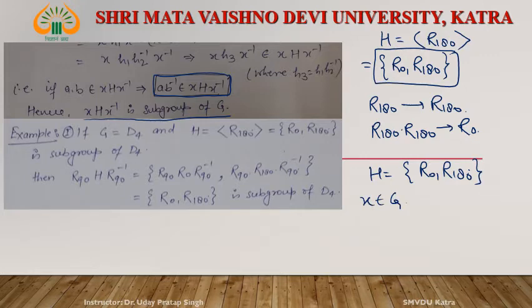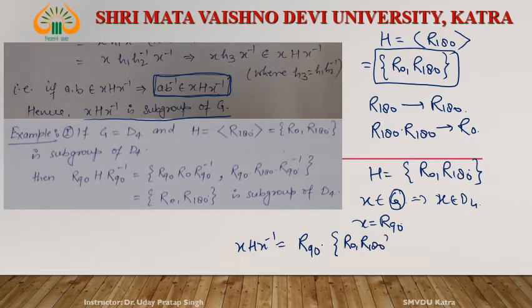Now let x belong to G. What is G? G is D4. Then consider any element x belonging to D4. Let us assume that x is R90. Then x H x inverse: what is x? R90. What is H? R0, R180. What is x inverse? R90 inverse.